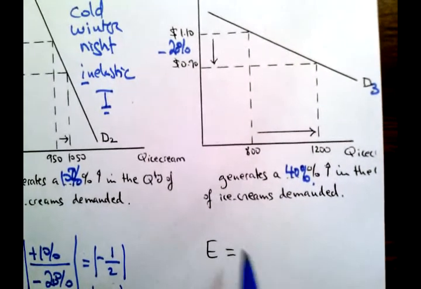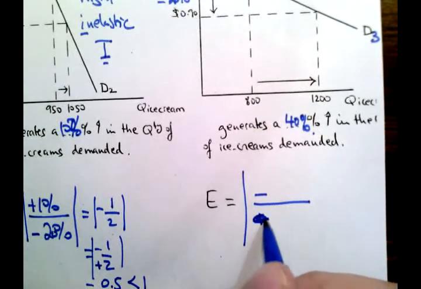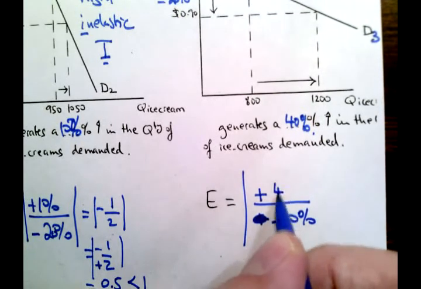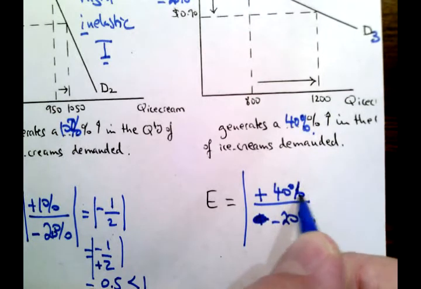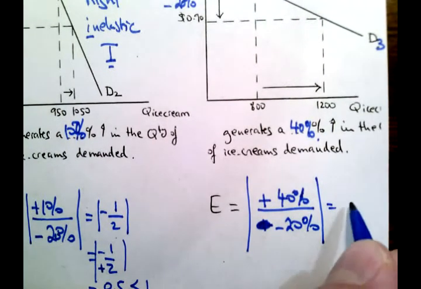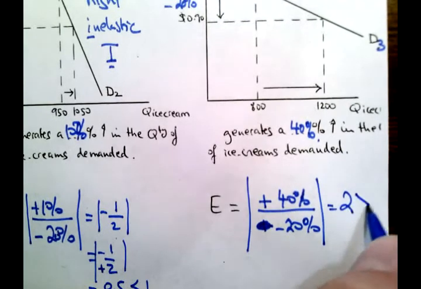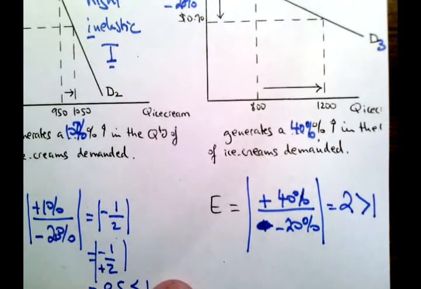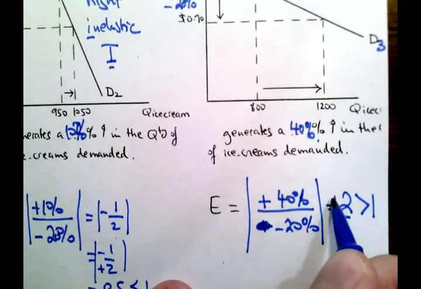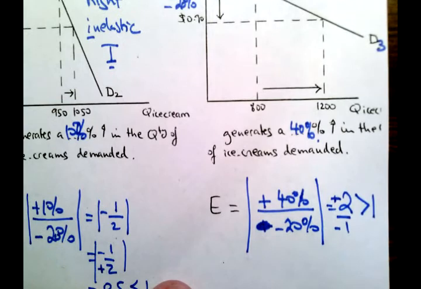So here I calculate the elasticity, I take the absolute value, the price dropped by 20%, and as a result, quantity demanded increased by 40%. If I take the absolute value of this number, I get a positive 2, which is greater than 1, meaning that every time, let's say, I drop the price by 1%, quantity demanded will increase by 2%.